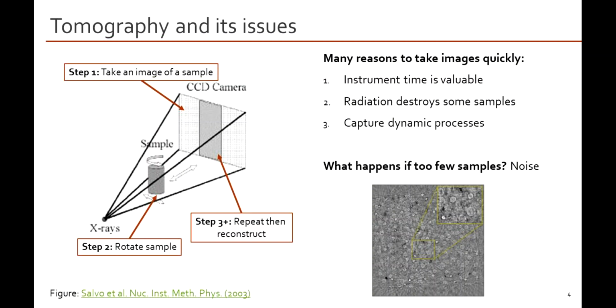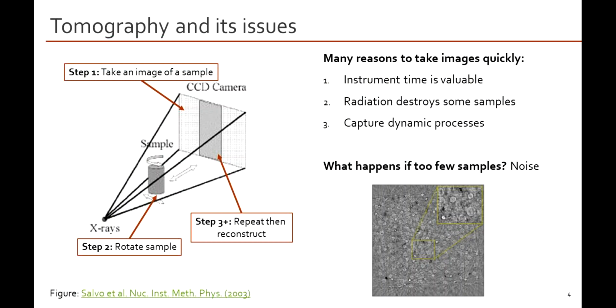Getting time on one of these tomography instruments is expensive. Also, there are some samples that the more pictures you take, the more they degrade. Soft materials, and especially organics, tend to melt or evaporate inside of tomography experiments, especially those at high power radiation sources like the Advanced Photon Source or APS at Argonne.